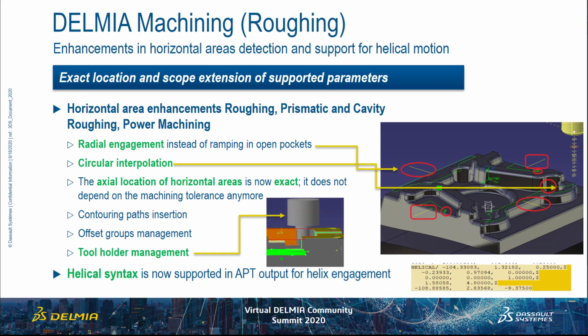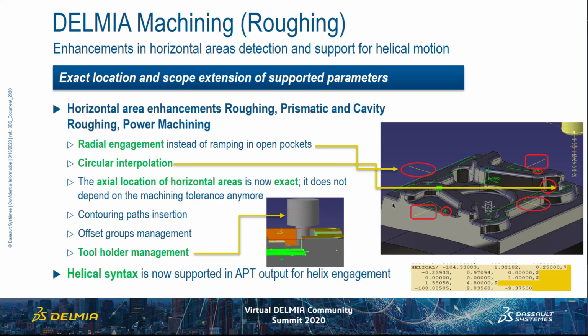So there have been numerous incremental and some significant value-added features across the heavy-duty operations such as roughing, prismatic roughing, cavity roughing, power machining, and so on. And some of them are listed here. The radial engagement rather than ramping into the pockets, automatic detection and circle interpolation around the radial corners that you see here.